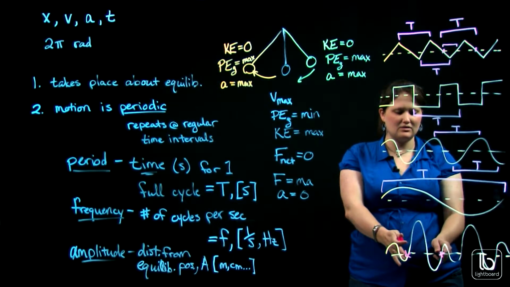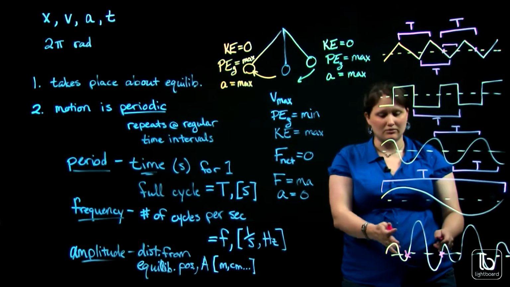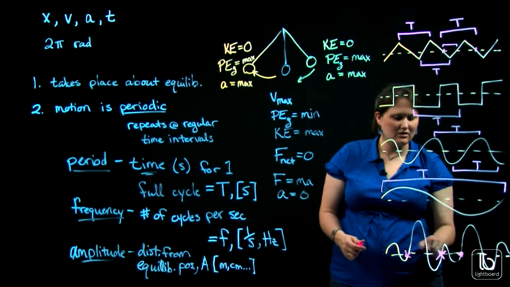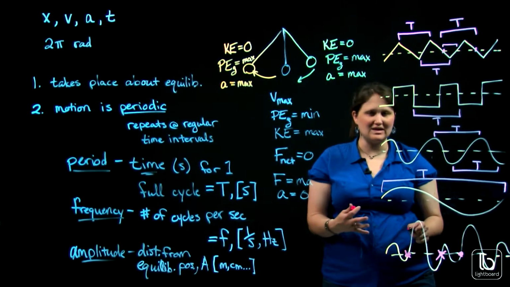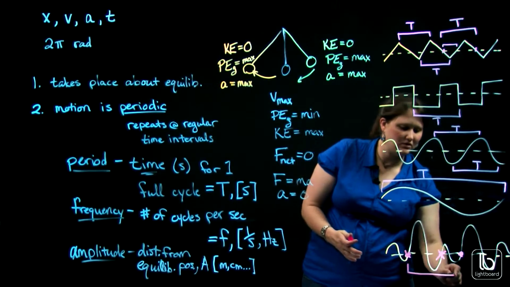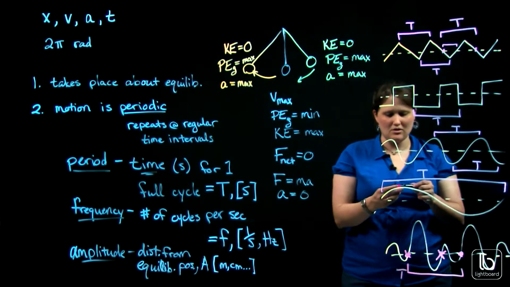Is this a period because I'm going up and up? No. I've got to be at the same type of place on the wave. So there would be one period.